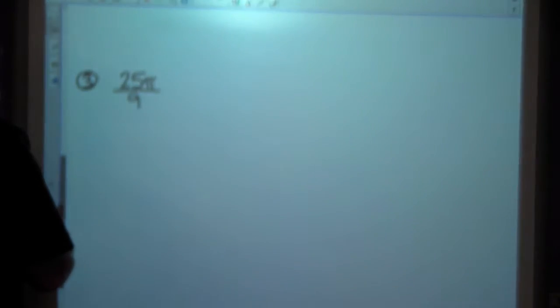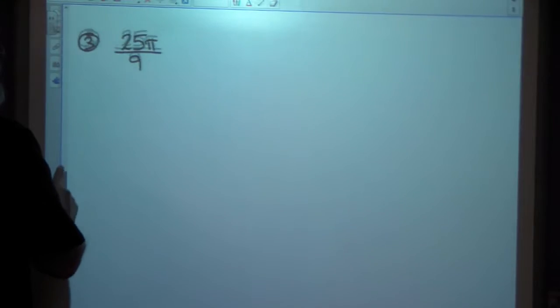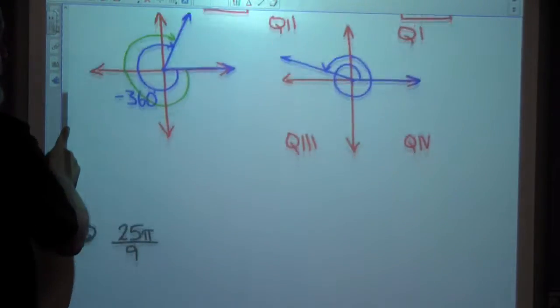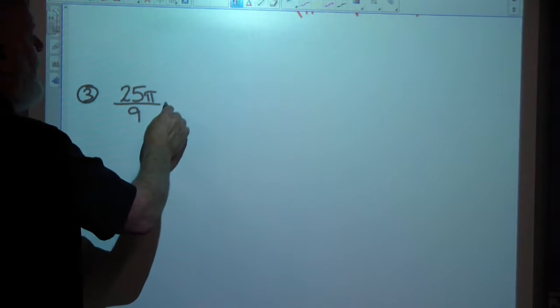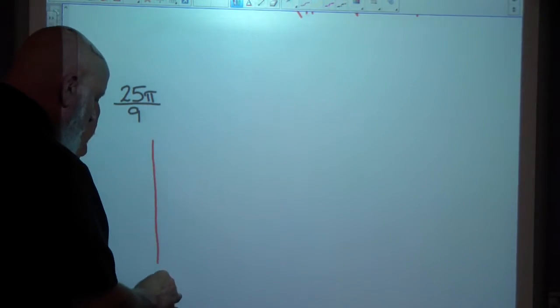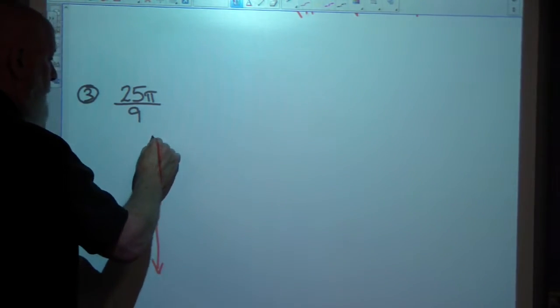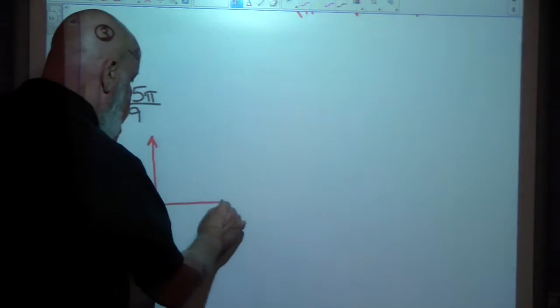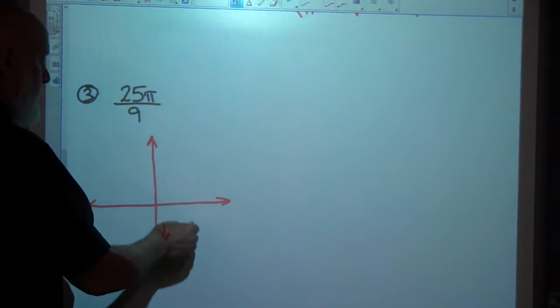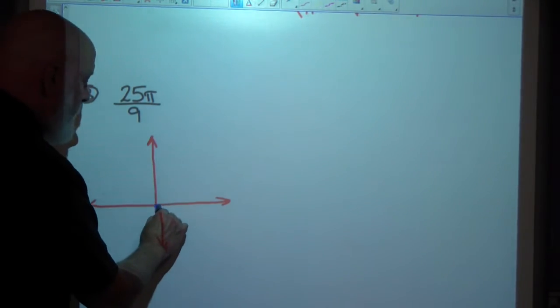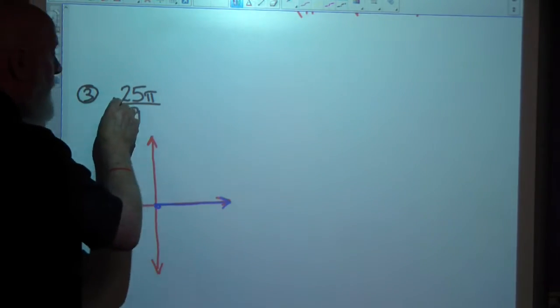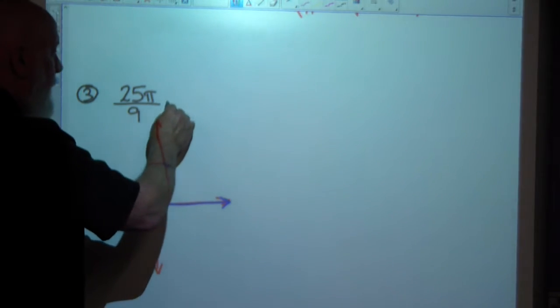Let's do another one here. 25 pi over 9, didn't I just do that? No, 26 pi over 9. So here we go. We're going to convert that to degrees first, because lots of kids like to do that. Our initial side, it's positive also, so I'm going to rotate.